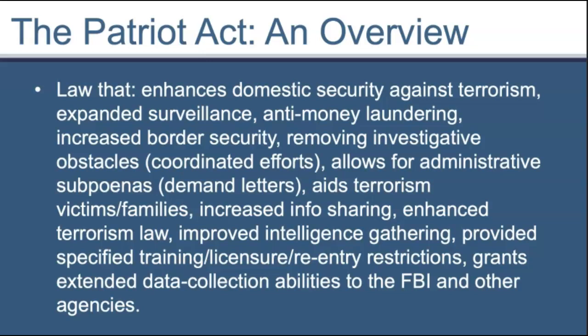It aids terrorism victims and families with financial compensation. It increases information sharing between agencies, enhancing terrorism law, including punishment and sentencing guidelines. It improves intelligence gathering. It provides specified training, licensure, and reentry restrictions for certain groups, and grants extended data collection abilities to the FBI and other agencies.